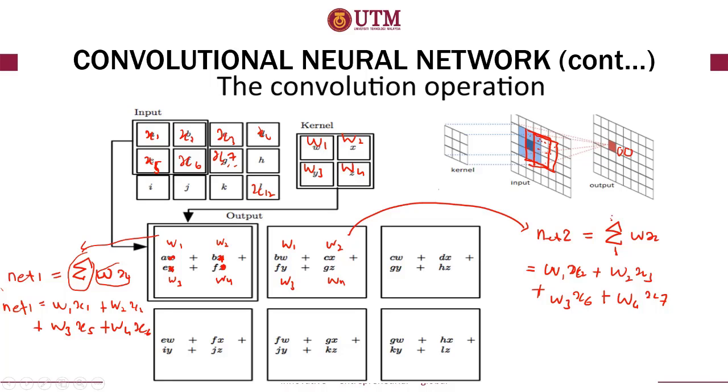So that's how it works. So that's how this operation can be generated. You are sliding your hidden layer or your filter over the entire image from the upper left corner to the right bottom corner. So you can process everything, and then you produce the output there.